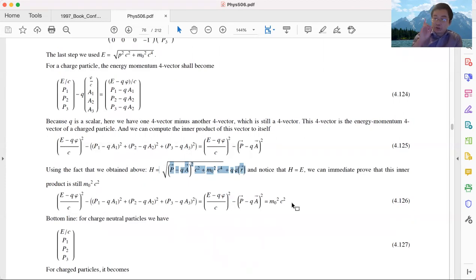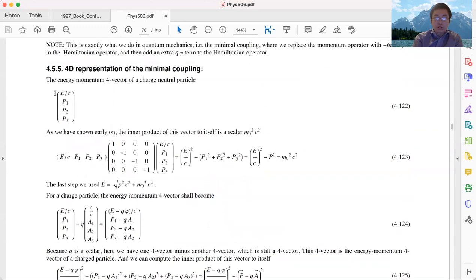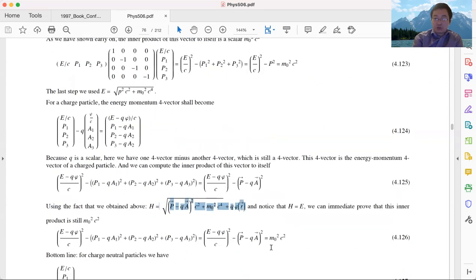Okay, so for the charged particle and the charge neutral particle, the difference is here. Okay, so for a charge neutral particle, the energy momentum vector inner product to itself gives you rest mass squared speed of light squared. Okay, but for a charged particle, it's this vector inner product to itself that equals rest mass squared c squared. Okay, that's the difference between charged and charge neutral.